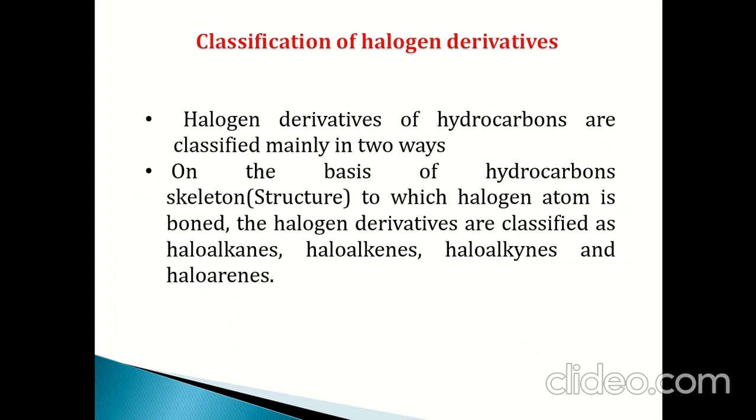Classification of halogen derivatives: on the basis of the hydrocarbon skeleton to which the halogen is attached, the halogen derivatives are classified as haloalkanes, haloalkenes, haloalkynes, and haloarenes.